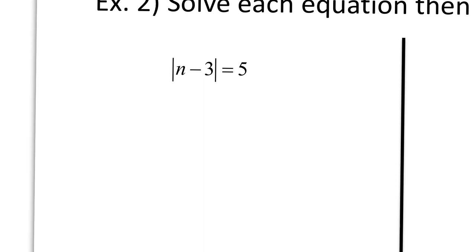But we have two options. The number inside of the absolute value, and I'm looking at this whole thing inside, can be 5, or it can also be a -5. So we're going to do our two cases.